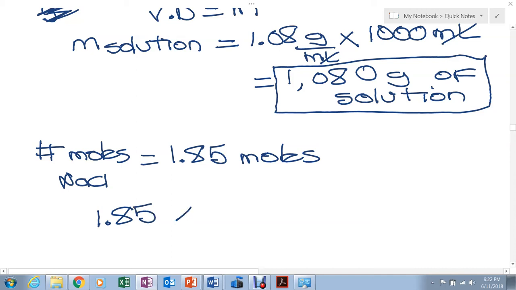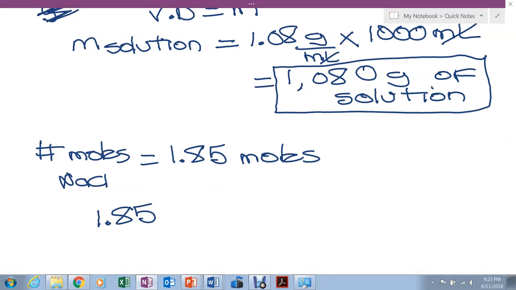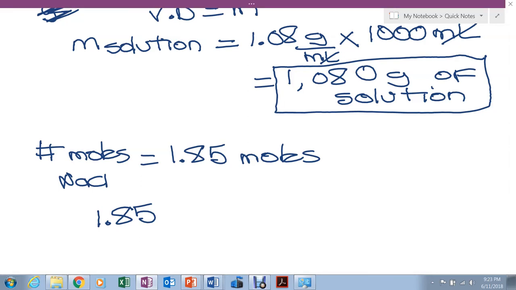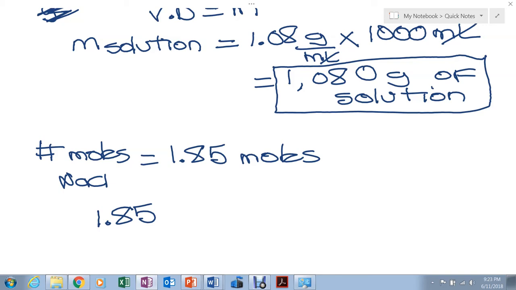We're going to multiply the 1.85 moles by the molar mass of NaCl.